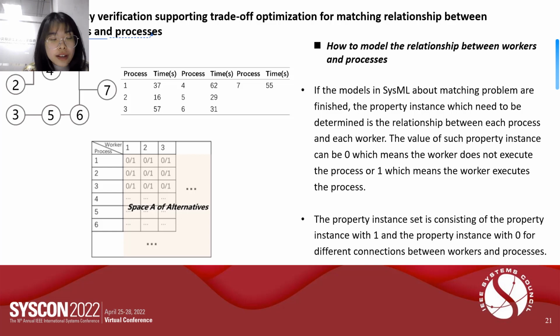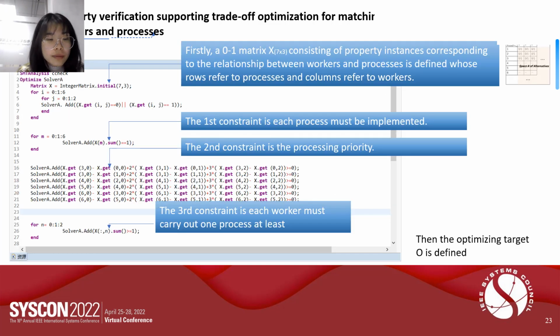The property instance set consists of the property instances with 1 and with 0 for different connections between workers and processes. The Karma script of property verification is as follows.